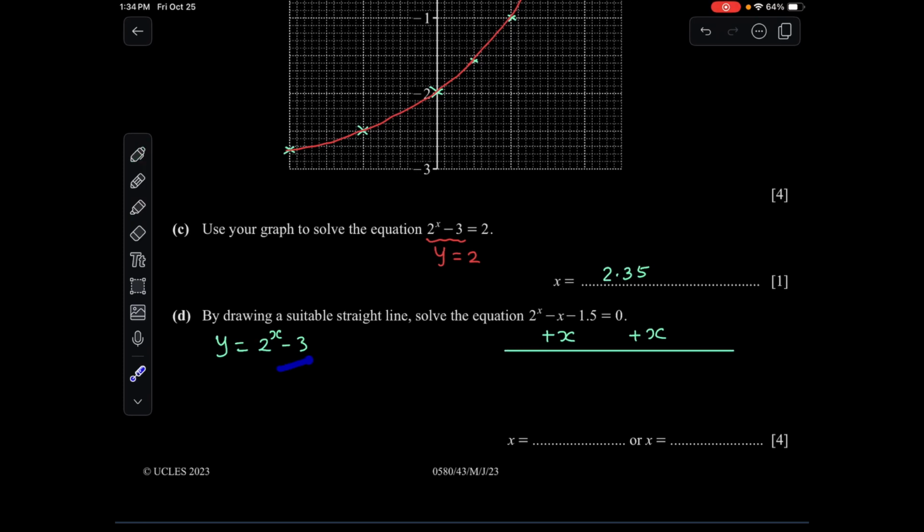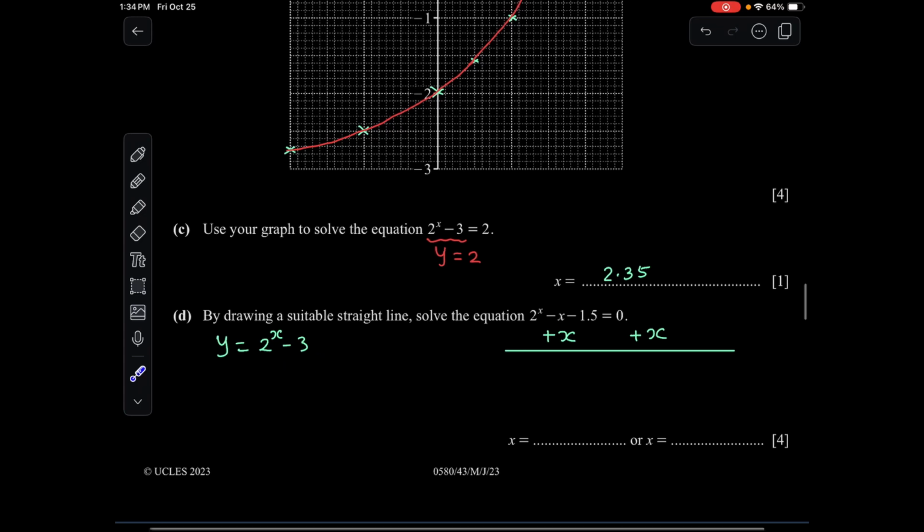And I'm having minus 3 in my original equation, so I'm going to do minus 1.5 on both sides. Now on the left side, this will get cancelled, and I'm going to be left with y equal to x minus 1.5.